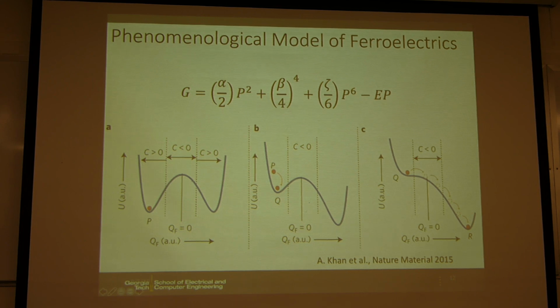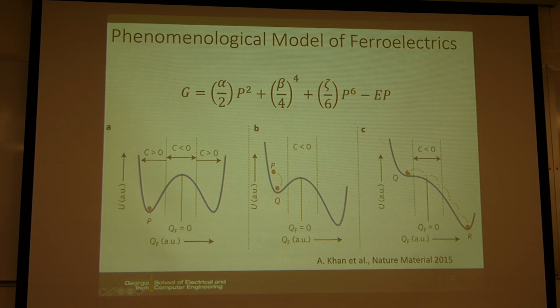So this corresponds to C being negative. If you apply the electric field, the energy landscape gets tilted. Now P will move to this point Q here, but this is a new minimum for the system. If you further increase the electric field, there's no longer a second minimum, so there's only one global minimum.